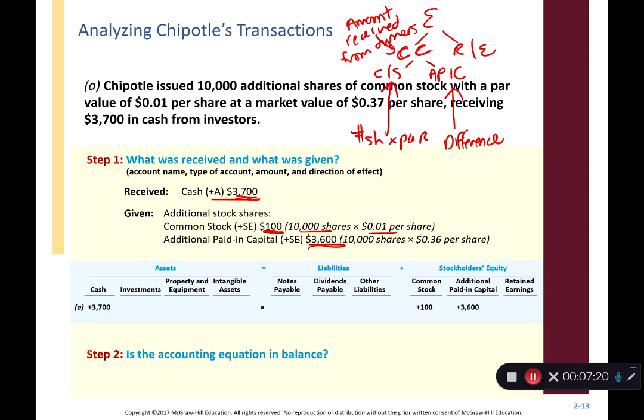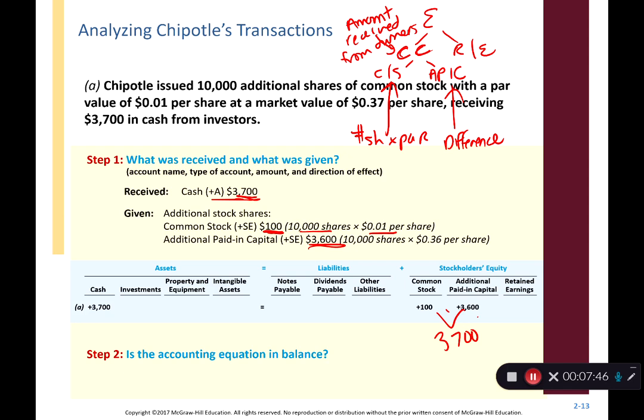So putting it under our accounting equation, assets go up under cash, $3,700, and then contributed capital goes up by $3,700. That's broken up into the components of common stock, which is the number of shares times par, and the additional paid-in capital, which is just the difference between the amount of cash and the amount we put into the common stock account.